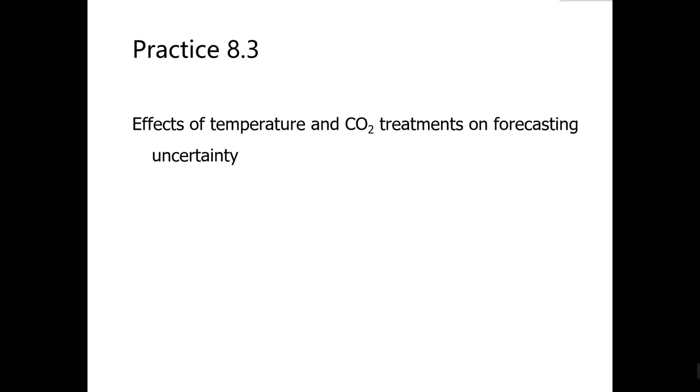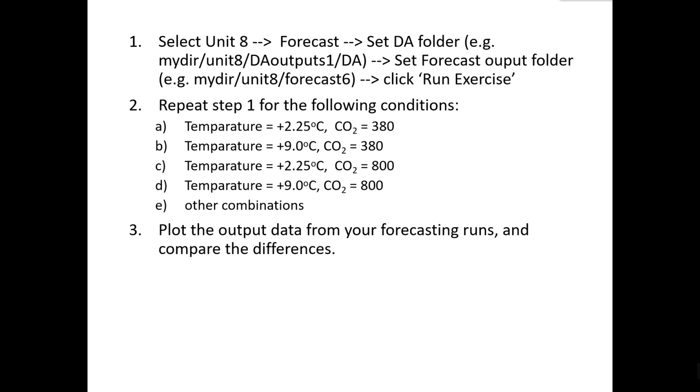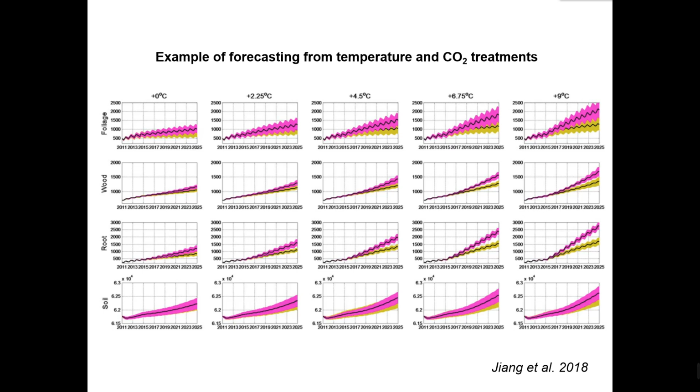Okay, practice 3 is to explore the effect of temperature and CO2 treatment on forecasting uncertainty. Here is an example of forecasting from temperature and CO2 treatment.